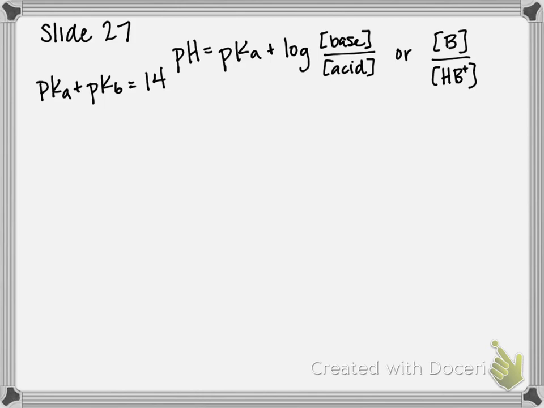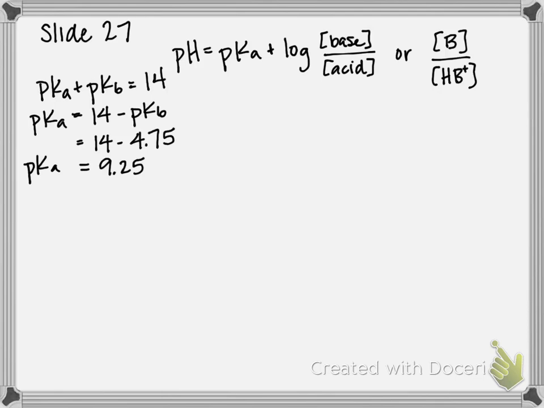If we rearrange this, we can say that pKa is equal to 14 minus my pKb. And if I substitute in the value given in this problem, which is a pKb of 4.75, I get that 14 minus 4.75 gives me a pKa of 9.25.